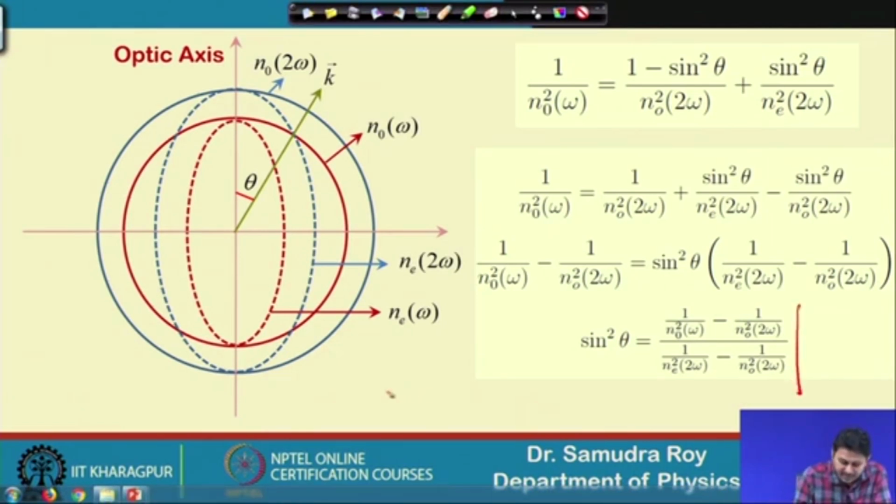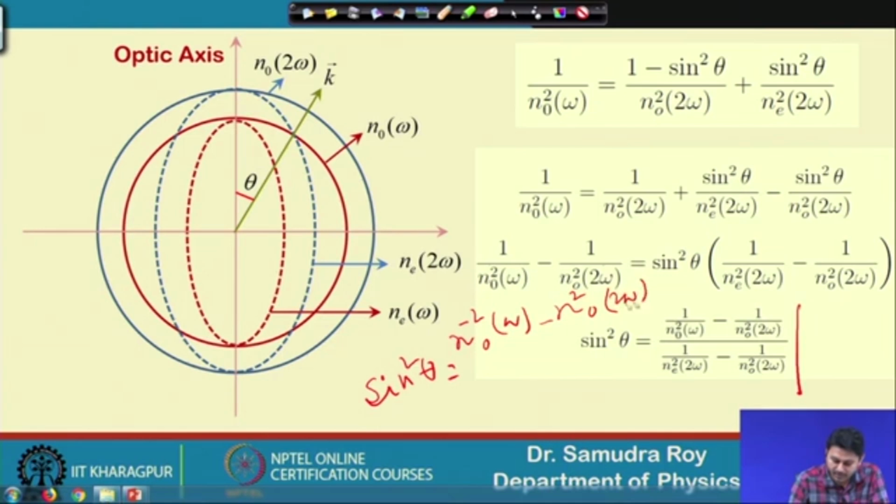Here we can see sin squared theta, written in terms of n_o of minus 2 omega. Please note that 1 by n_o squared is just represented as n_o of minus 2, to reduce the complexity of these expressions. So, here we have 2 omega, this is the outcome that we derived here.